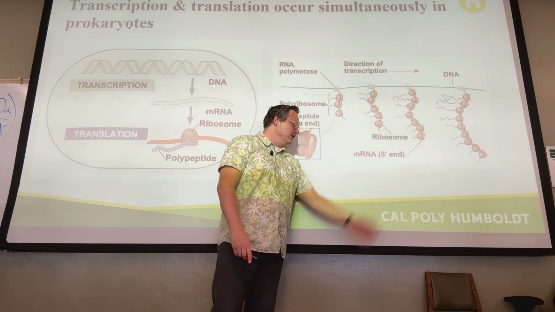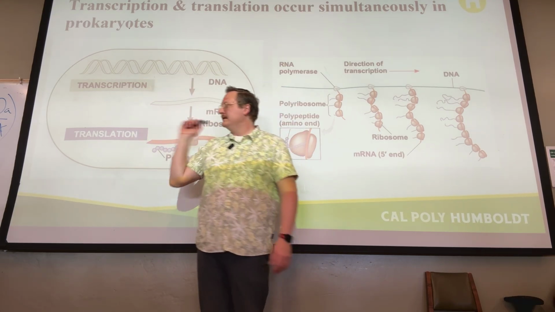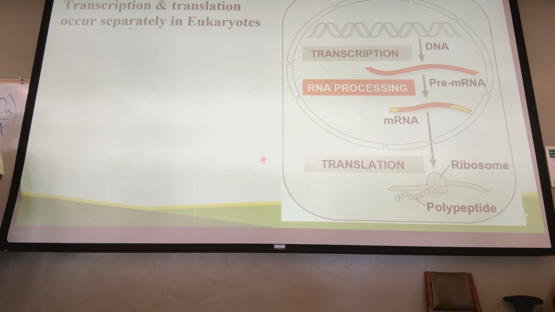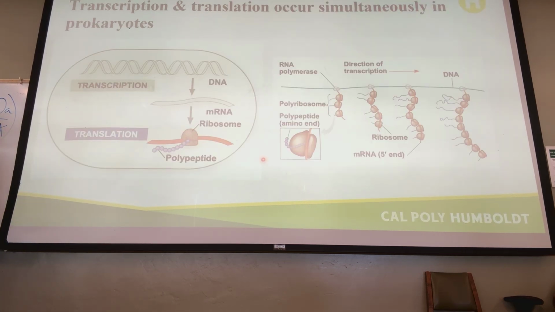Okay, cool, good. Moving forward. Is that the same in prokaryotes and eukaryotes? No. Okay. Well, it depends on which aspect. So the simultaneous transcription and translation is not the same in prokaryotes and eukaryotes, but the direction, which I think might have been what you were asking.